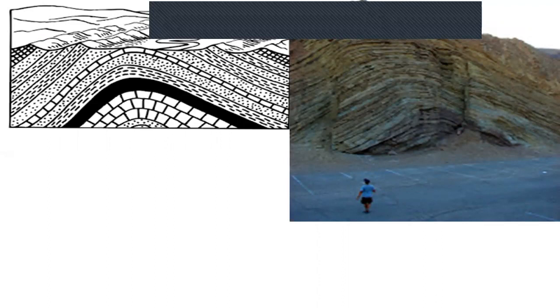A typical anticline is convex up, in which the hinge or crest is the location where the curvature is greatest, and the limbs are the sides of the fold that dip away from the hinge.